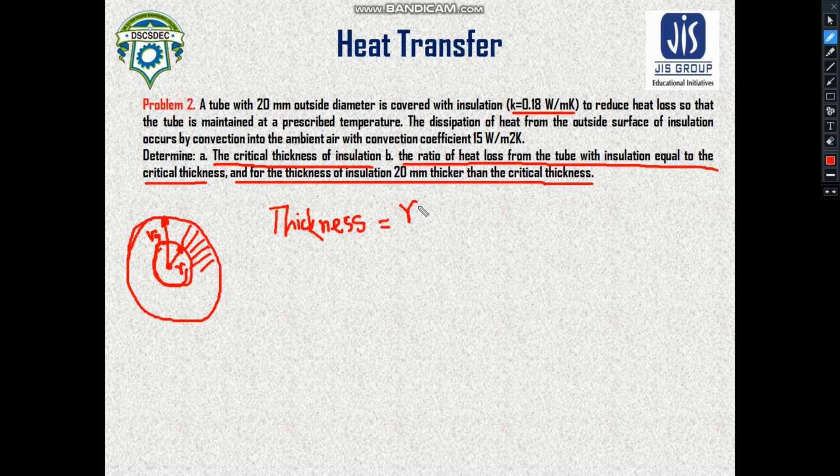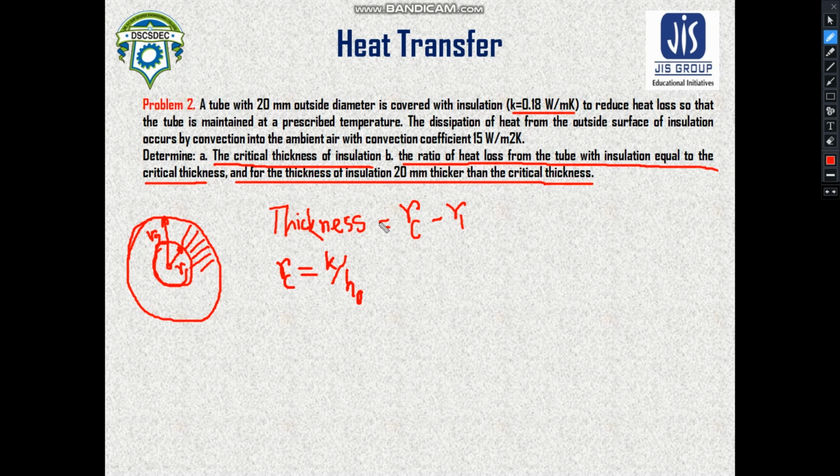So you can write this as RC, the critical radius of insulation, minus R1. Now simply we need to calculate the value of RC. We know the formula, right? And we have just used it. So it would be K by HO.